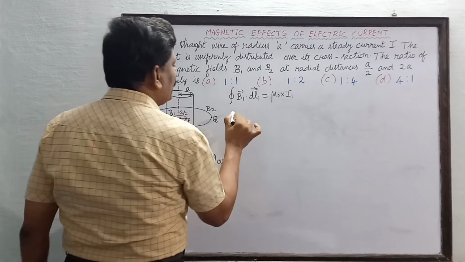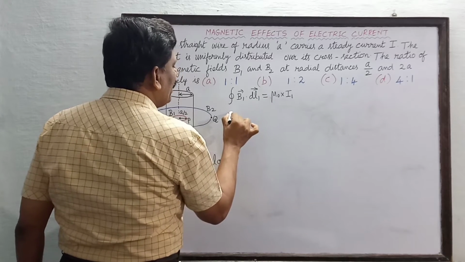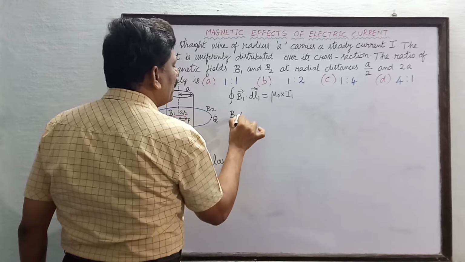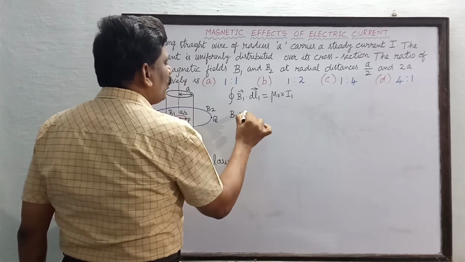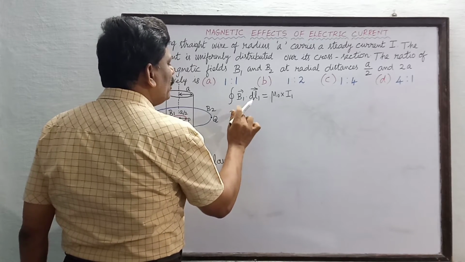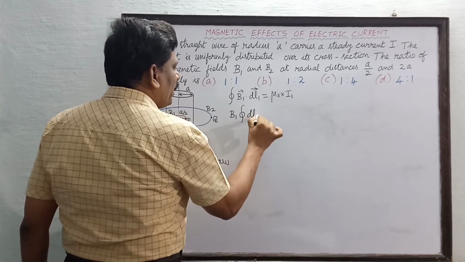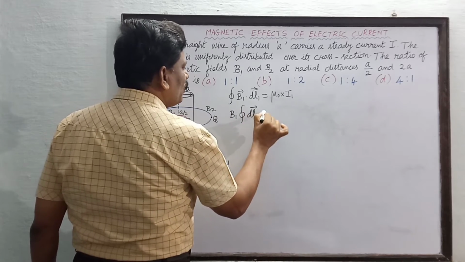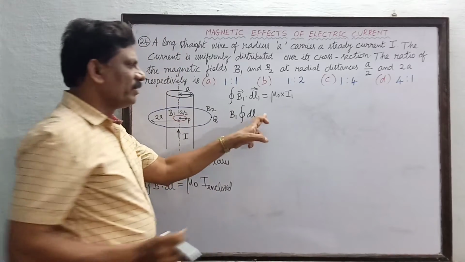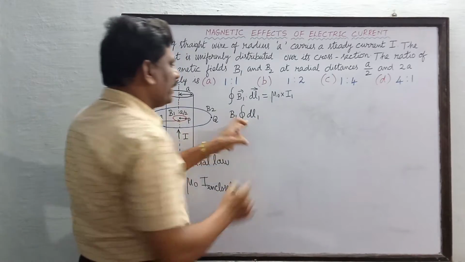Therefore, I will write B1 into the closed integral of dl1. Cos 0 is equal to 1 already, so I will write only the scalar.